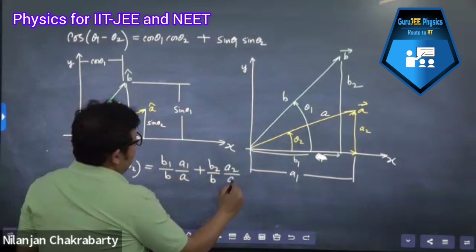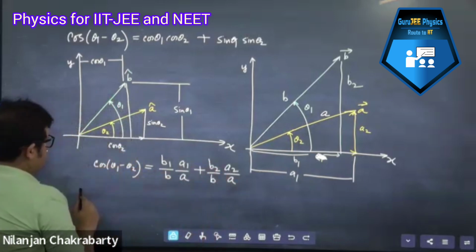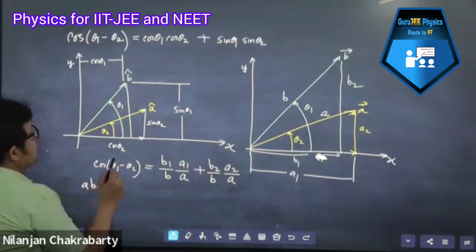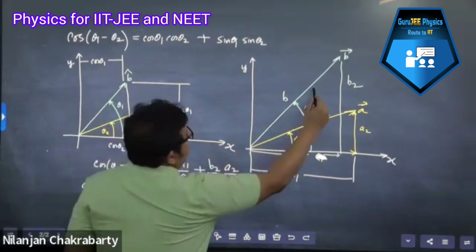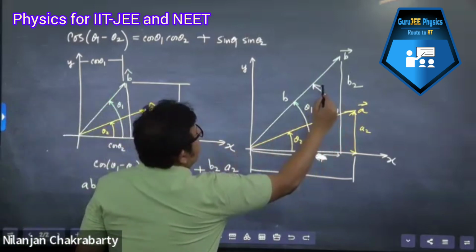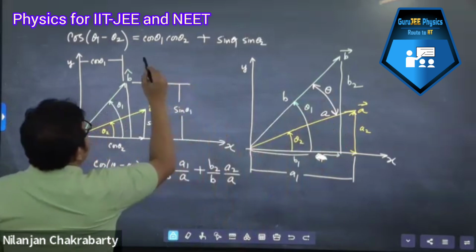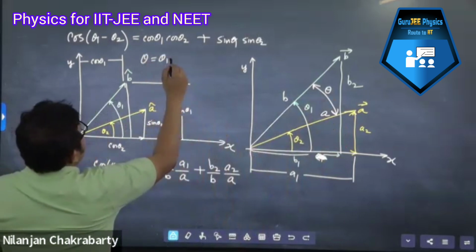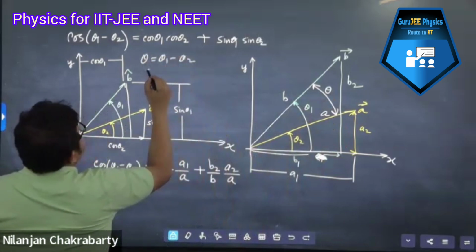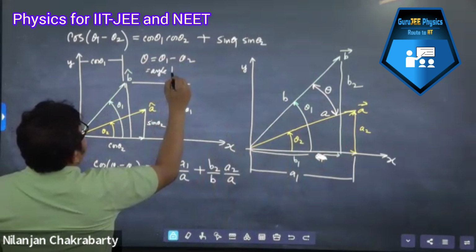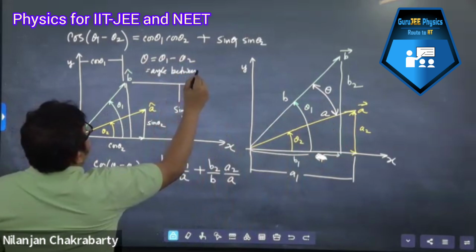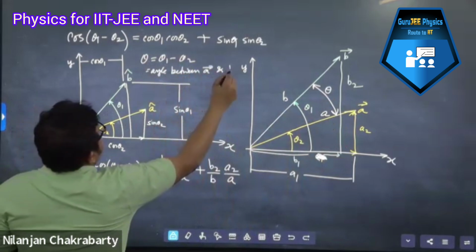A2 by A. So now, we take AB here. AB cos theta. Say theta is the angle between A and B. So theta is theta 1 minus theta 2. It is the angle between vector A and vector B.